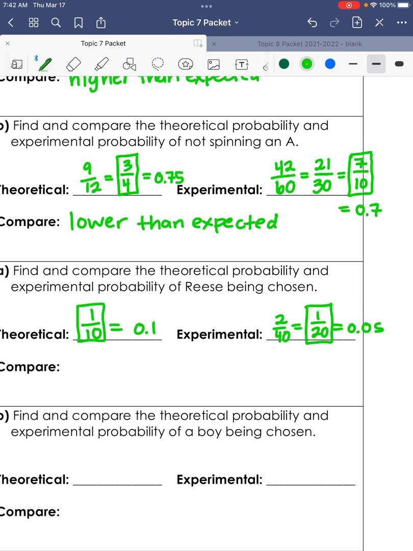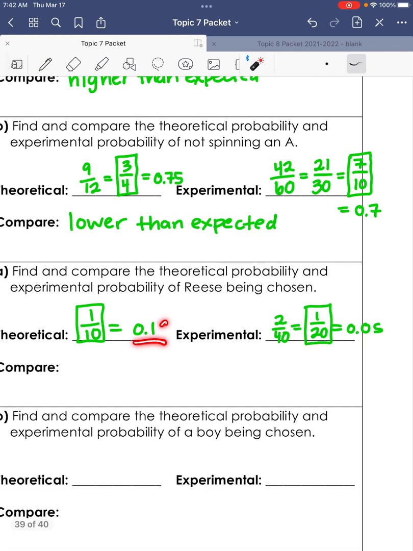So we have different denominators, so let's compare our decimals. So I have 0.1, that's like 0.10, and this right here is 0.05. Which one's bigger? This one here is bigger. So what could we say about the experimental probability? Well, it is lower than this one, so it is lower than expected.